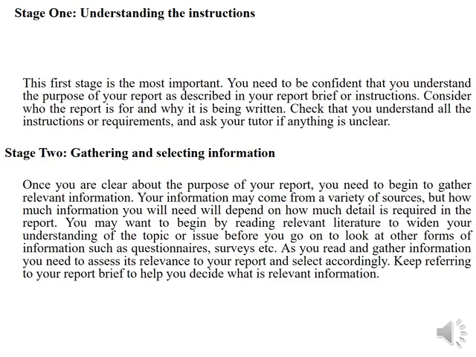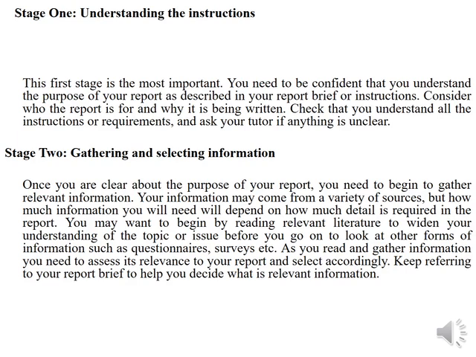So that means what you are going to include in the report will determine the sources, the information you are going to get. So you may want to begin by reading relevant literature to widen your understanding of the topic or issue before you go on to look at other forms of information such as questionnaires, surveys, among others.